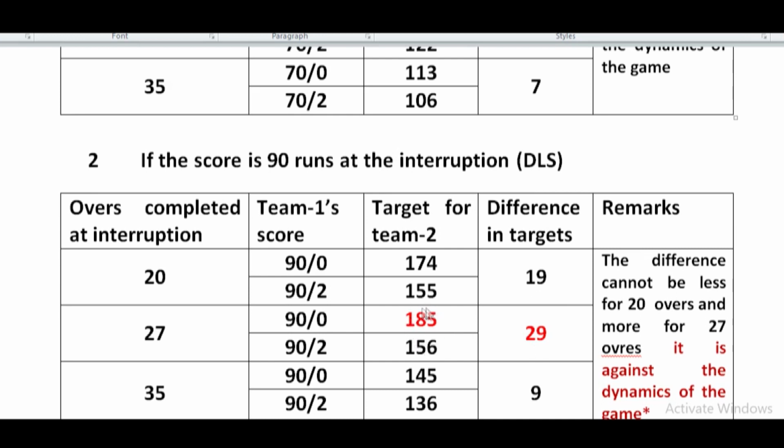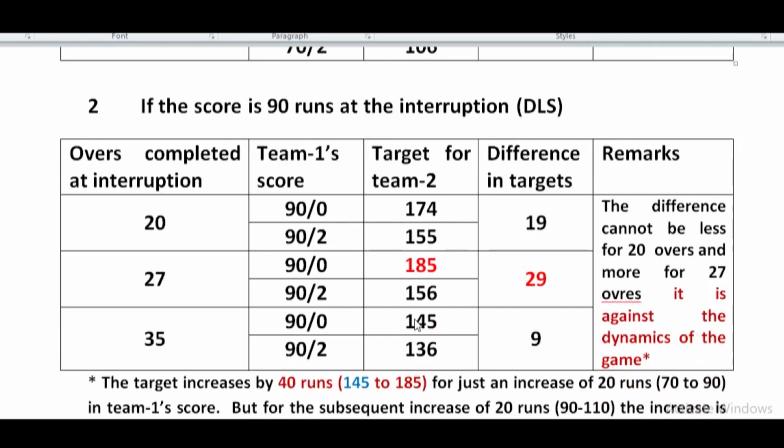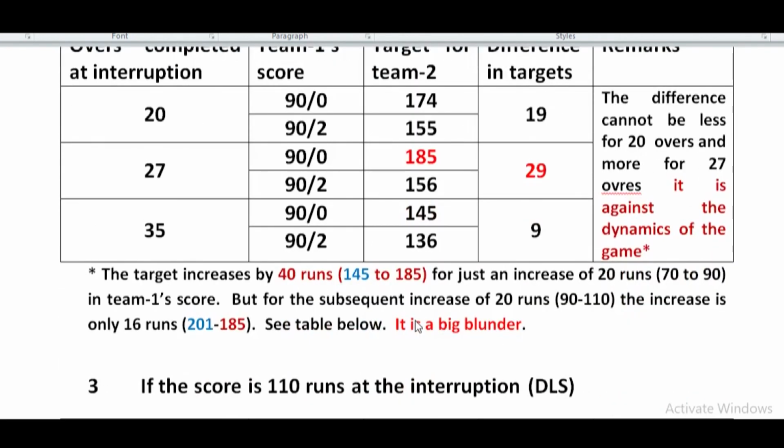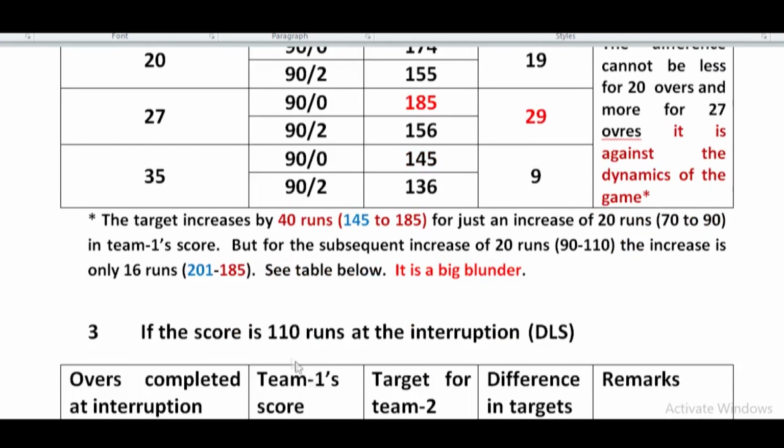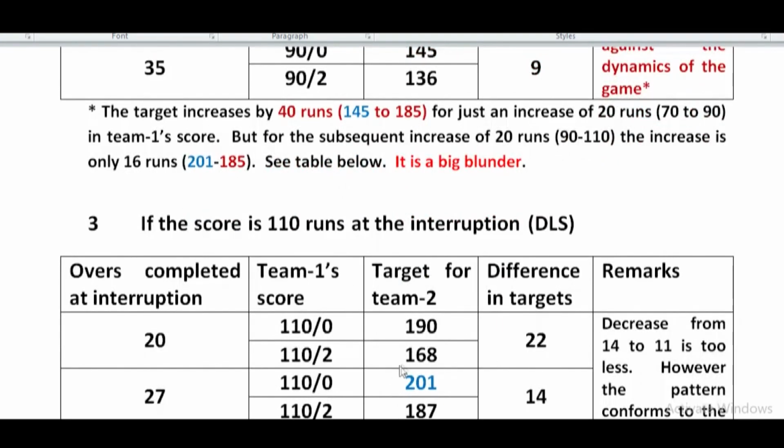Say now if somebody says that no, for 20 runs difference you can have 40 runs difference in target. Okay, if somebody is saying that, I will ask them to look at the next increase. Now from 90 to 110, if you give another 20 runs increase, you can see that the target is increasing to 201.